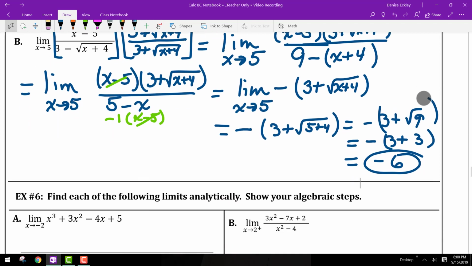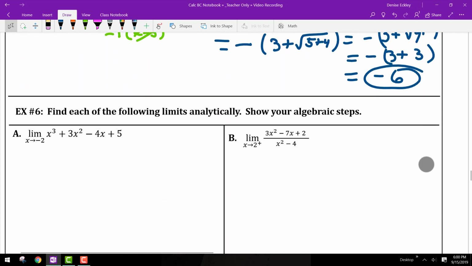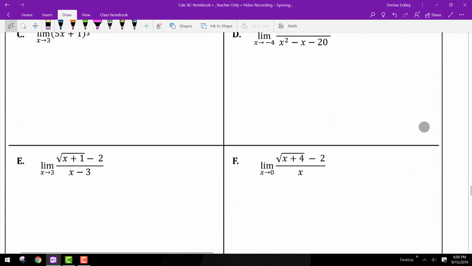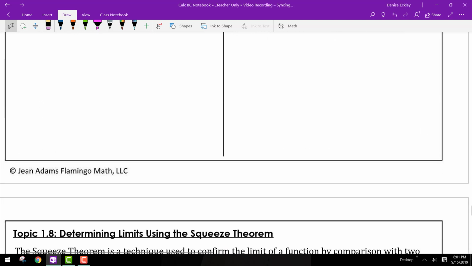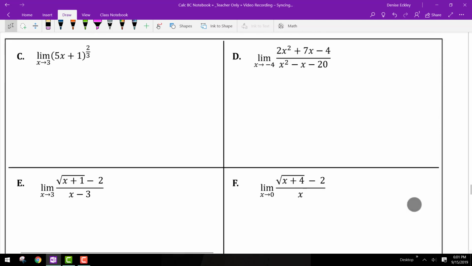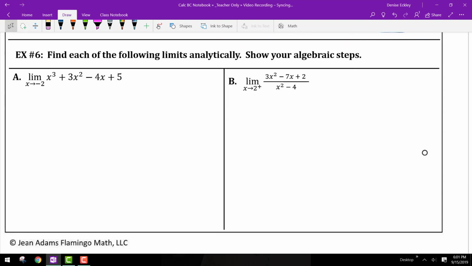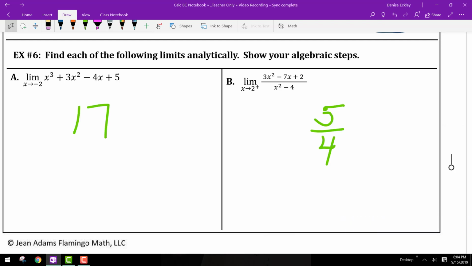So that's how you use the conjugate method. All right, example 6 starts at the bottom of this page and goes on to the next one. Again, these are ones I'm going to have you do on your own, so pause the video. Let me first put the answers for these two, and then I'll put the answers for the next page. Here are the answers to part A and B, 17 and 5/4.